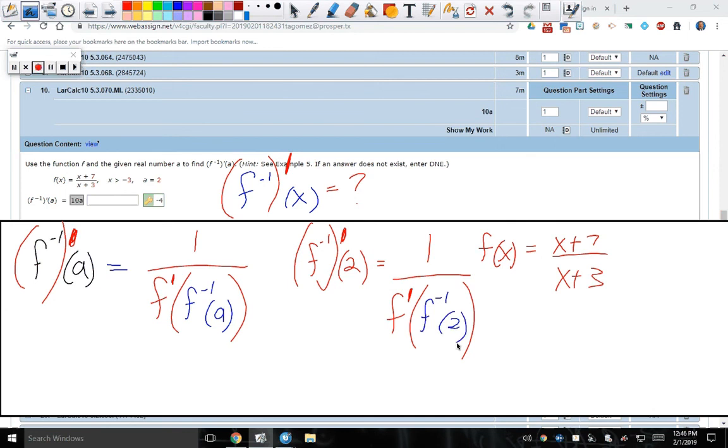Okay, here we go. I did this in blue for a reason, because a is 2. And the way you read what's in blue right here is the input of the inverse is equivalent to what? The output, bam, right there, of the original. So 2 is the output of the original. You with me? What would x be?